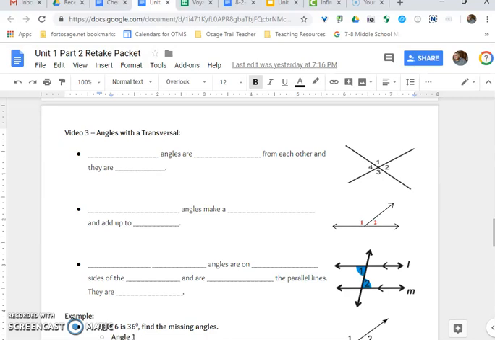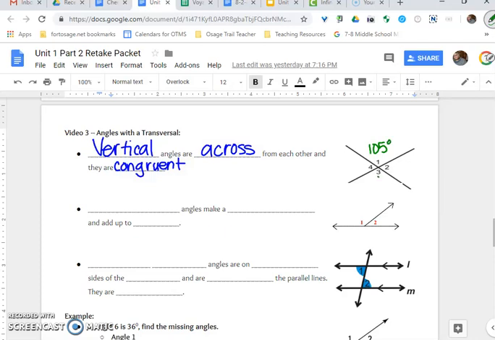So the very first thing I want us to remember is vertical angles are across from each other, and they are congruent. So, for example, let's say in this diagram that angle 1 was 105 degrees.